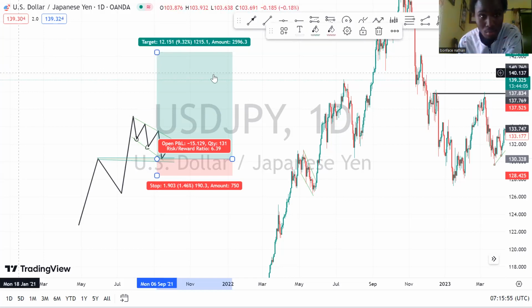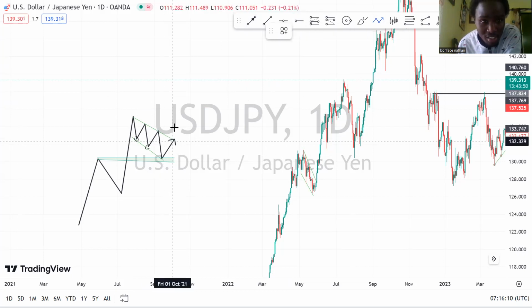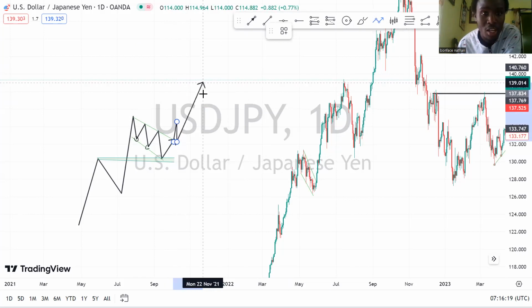Or we can enter at our reduced risk area, which is like this. The market breaks this resistance, comes back to the retest and then goes up.